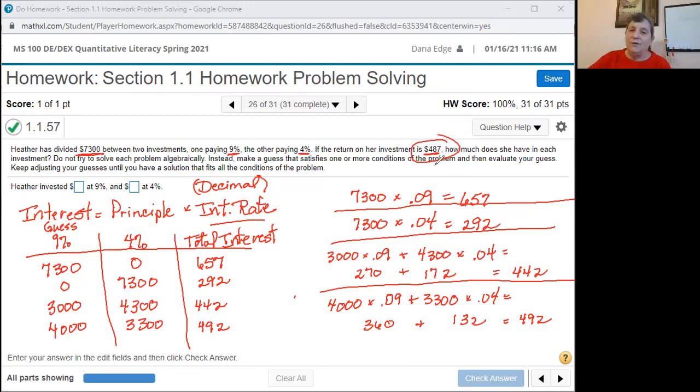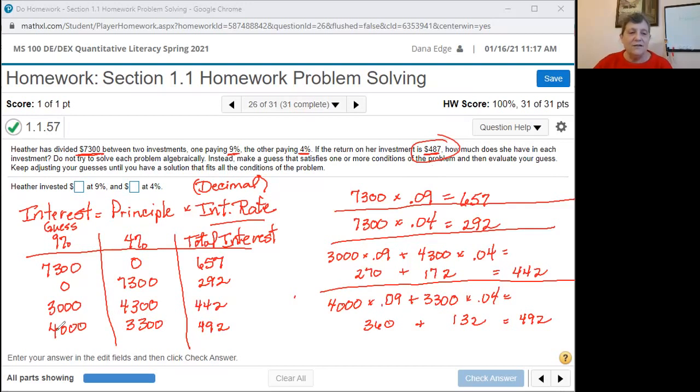They wouldn't give you the problem if there wasn't an exact amount. So it's not going to come out to be something like $3,298.78. It's not going to work like that.